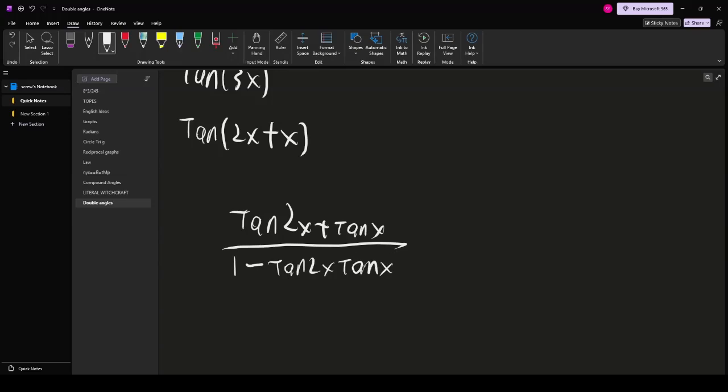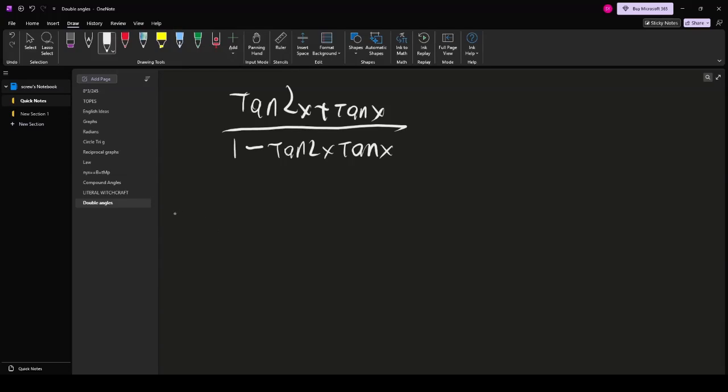Right? So if I apply the double angle formula to tan 2x here, it'll get really messy.